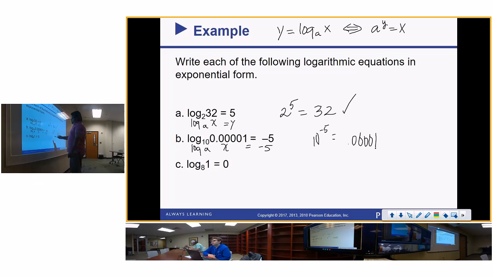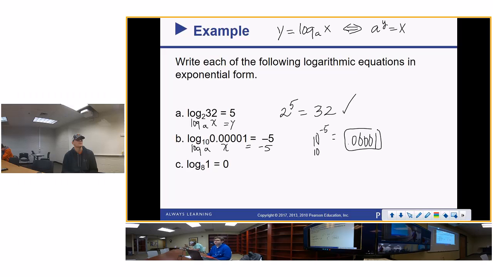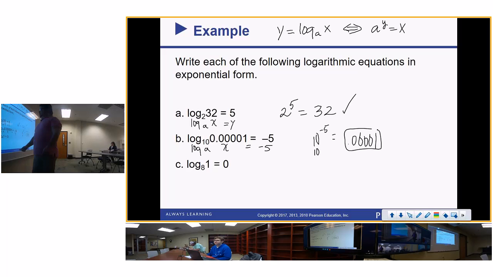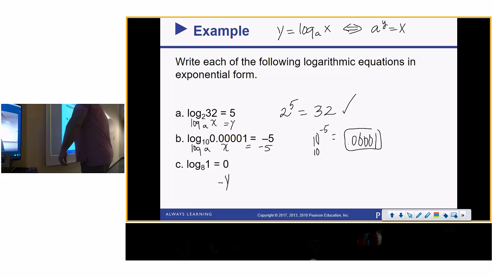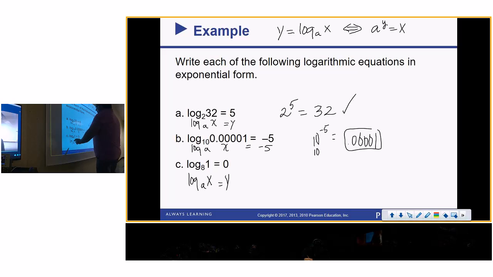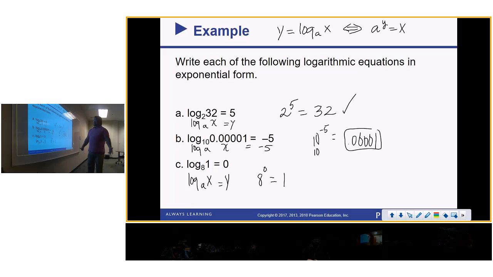And that would be true, because that would be 10, and then 1, 2, 3, 4, 5 places would be that. And down here, y is equal to log base a of x, a to the y. a is 8 to the 0. What's anything to the 0 power? 1.